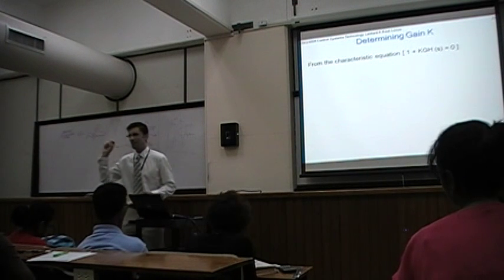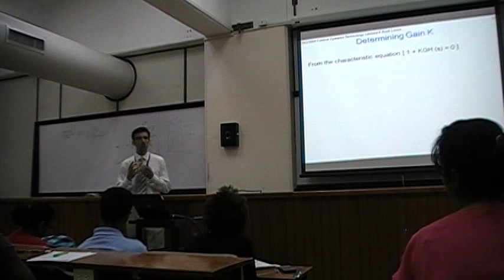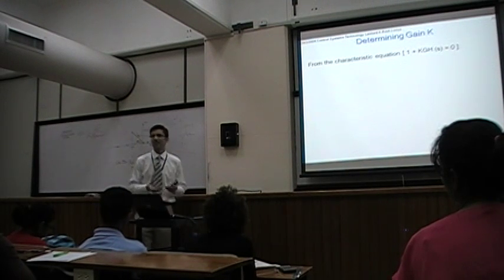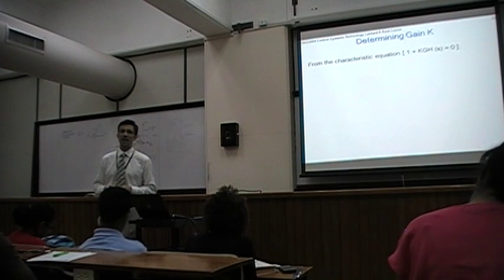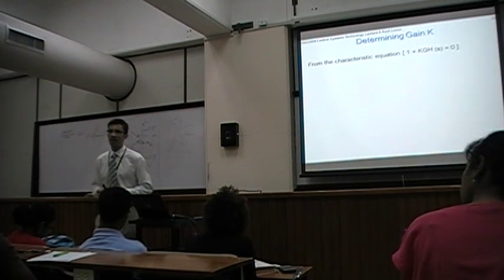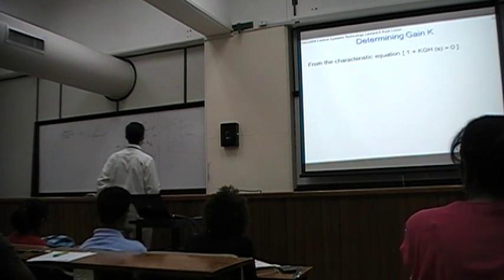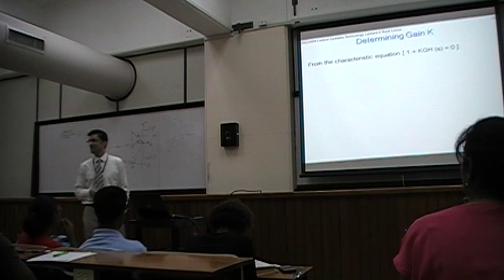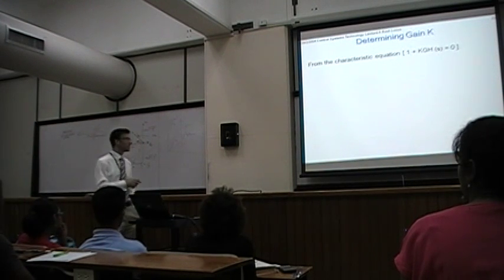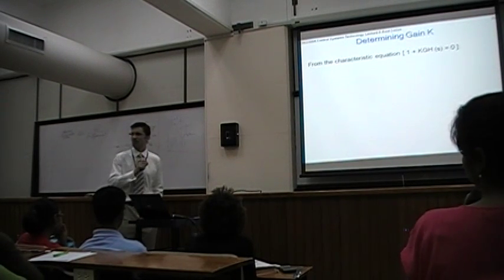So if you say, give me the value of my controller gain k that's going to give me a damping ratio of 0.6, how do we do it? We've got all the tools that we need right here actually. But the key element is we need to be able to work back from a particular location on this locus to what value of gain k is going to put me on that location.